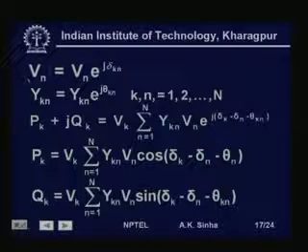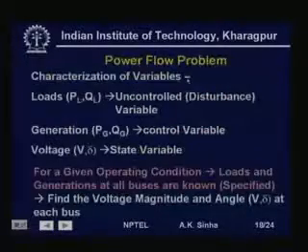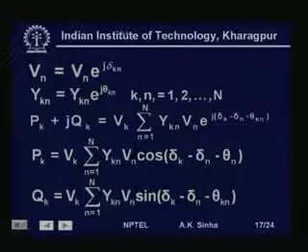Now, we know V n, the voltage at bus n, is a phasor, and it is equal to the magnitude V n into e to the power j delta n.